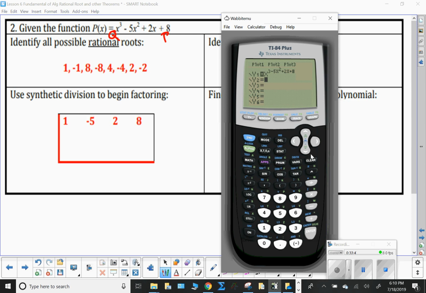Oh, and see, that's where I'm going to come back up here and clear this. We have x cubed, and in class somebody would have been yelling at me, minus 5x squared plus 2x plus 8. Now I can graph this.